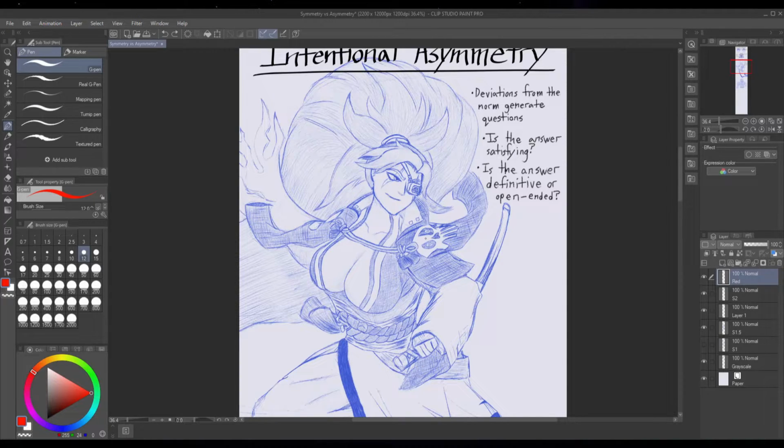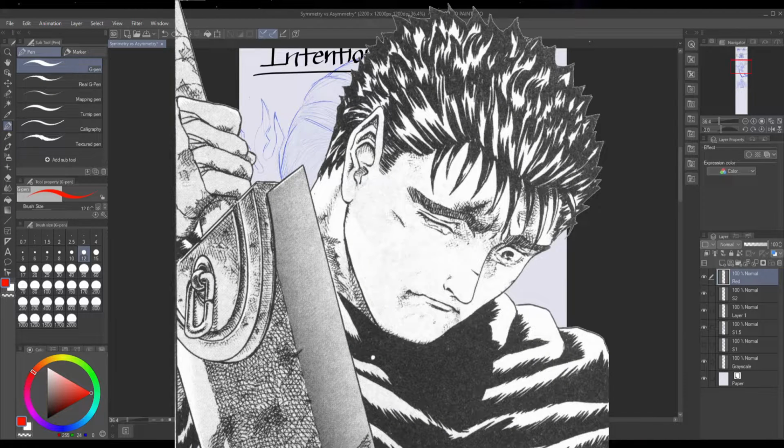So deviations from the norm generate questions. What I mean by that is, with this character, she's missing an arm. Most people we know are born with two arms, and unless you know a bunch of people who are missing arms, generally most people I know have both their arms.